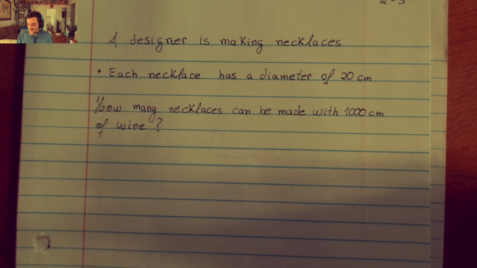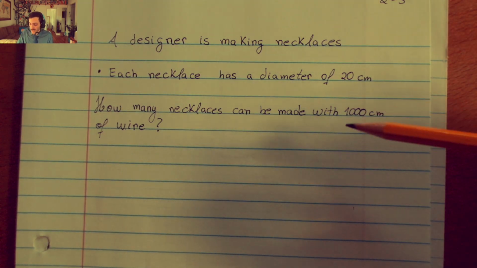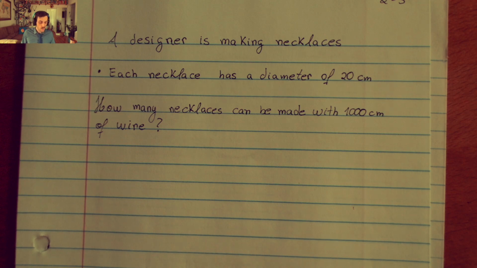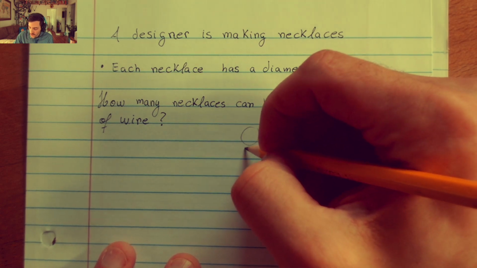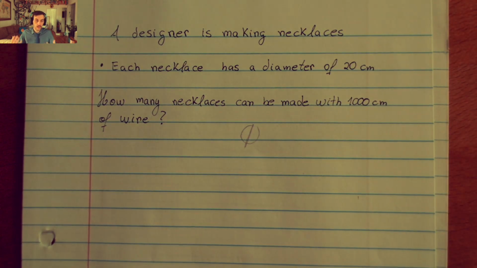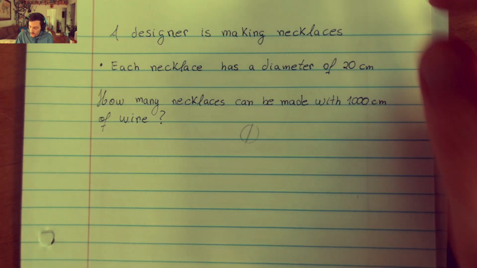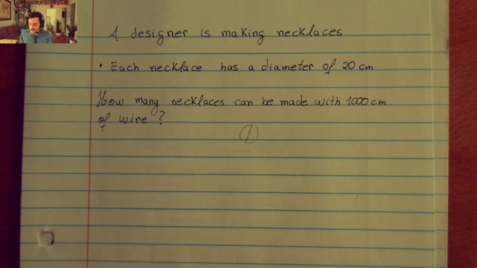This individual states that each necklace has about a 20 centimeter diameter, as in if we were to draw a line across a circular necklace, that diameter is going to be about 20 centimeters long. In our question here, we're being asked how many necklaces can be made with 1,000 centimeters of wire. So if we have that amount of raw material, how many actual necklaces can we end up making?